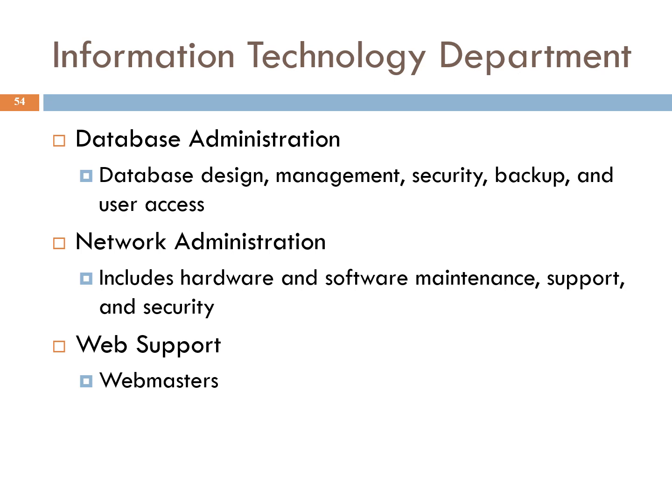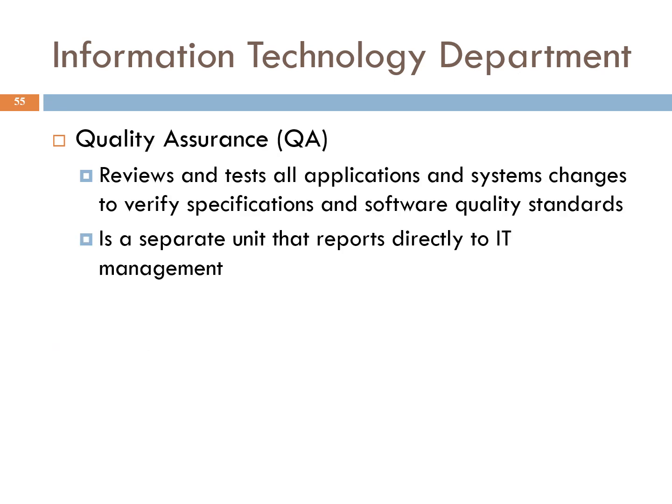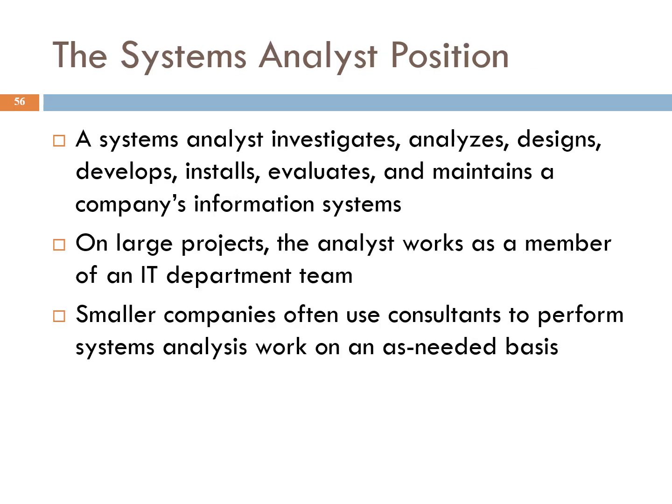Okay, here are some users that can exist in the IT department: database admin, network admin, webmasters, and also quality assurance, to make sure that the systems that exist in the company adhere to specific good quality practices.